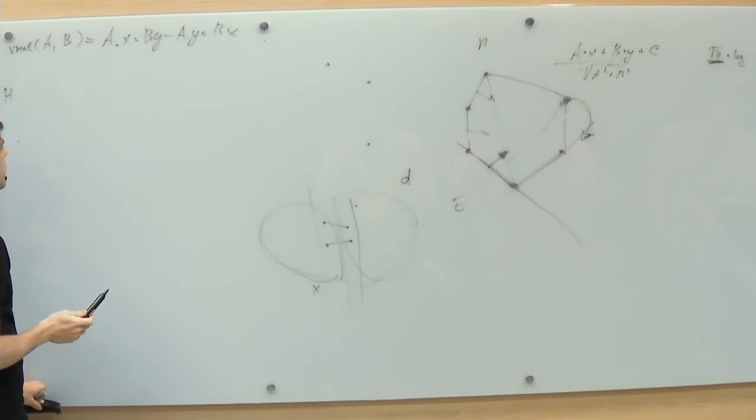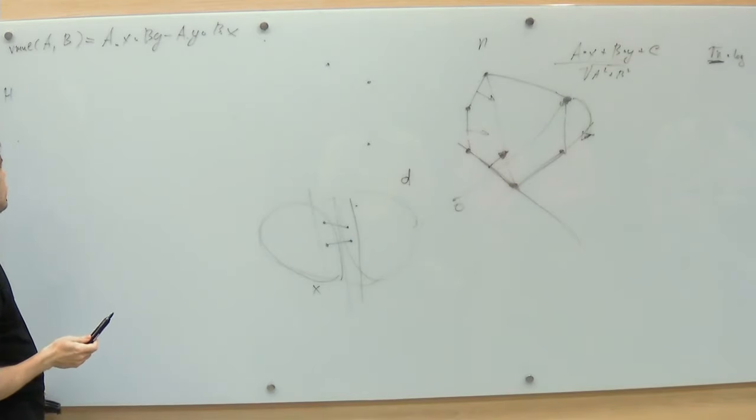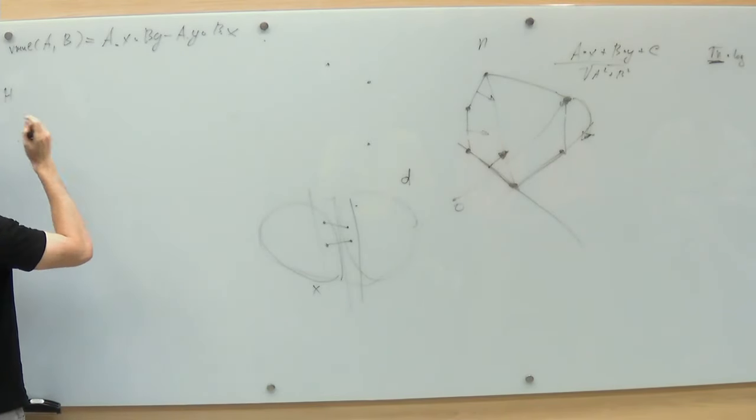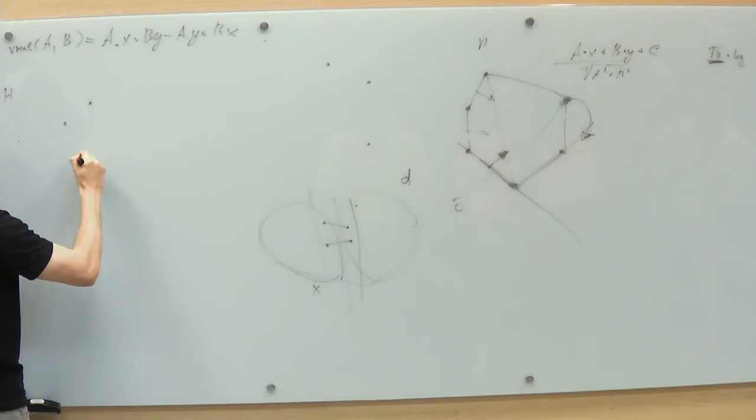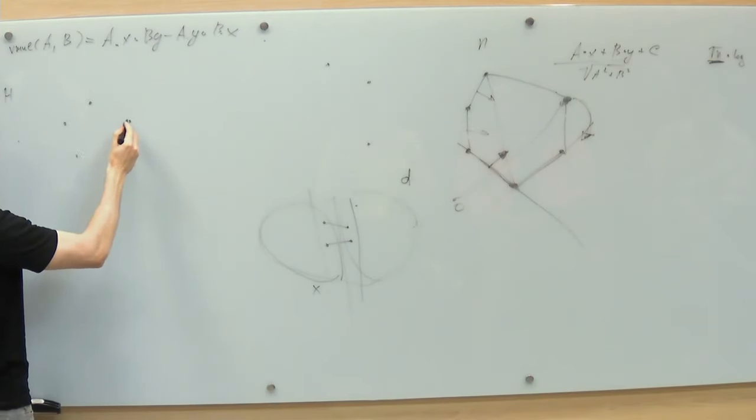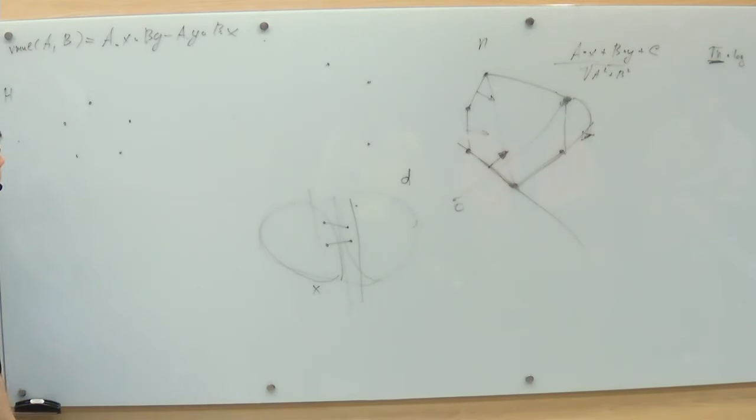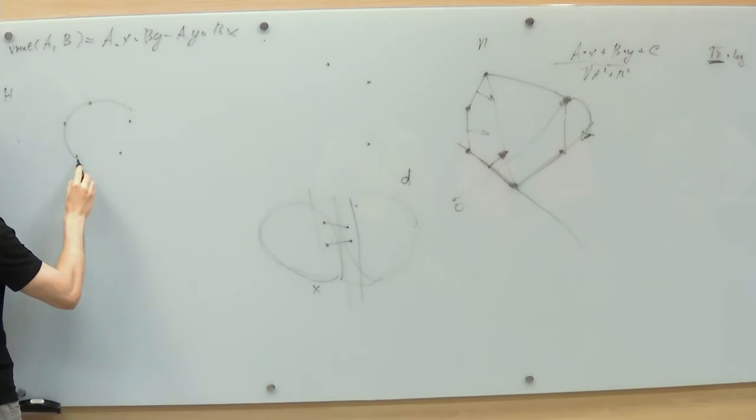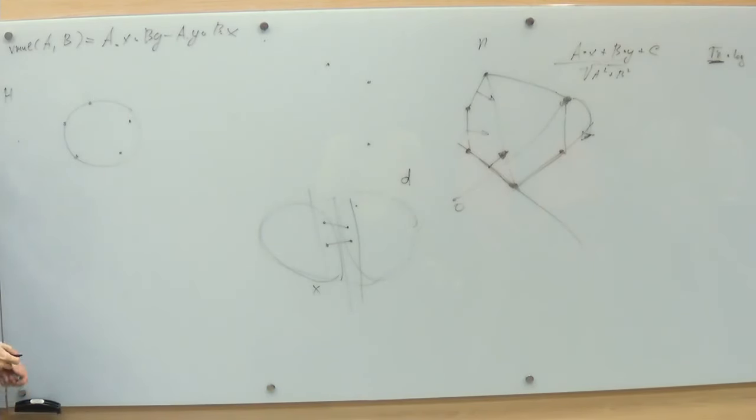Maybe someone heard about the algorithm, and at least I'll provide the proofs for the algorithm. So the problem is, again, we have a set of points, and now we want to find the smallest circle that covers all the points.